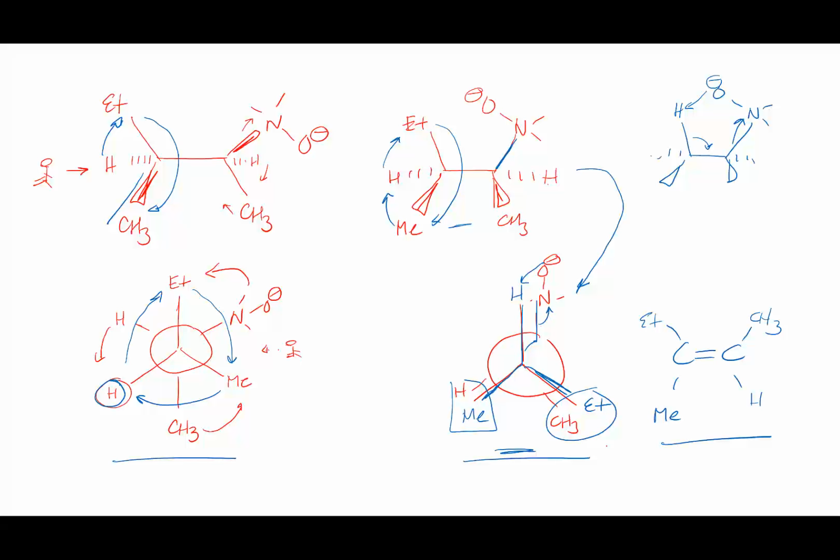So what I originally did was I just took this group that was forward and rotated it back. And then a lot of people gave me looks. So then I'm like, okay, that didn't quite make sense. So now let's convert this into a Newman projection, make that little rotation to make it eclipsed, and now let's line it up.